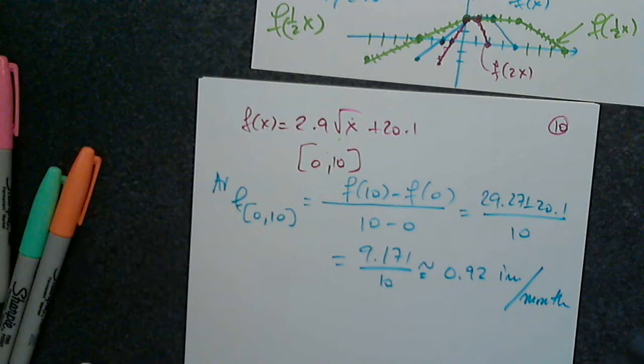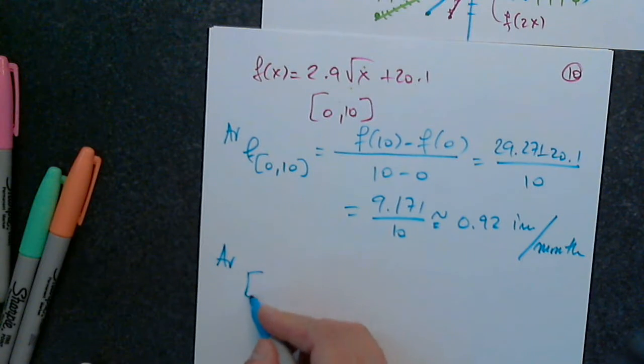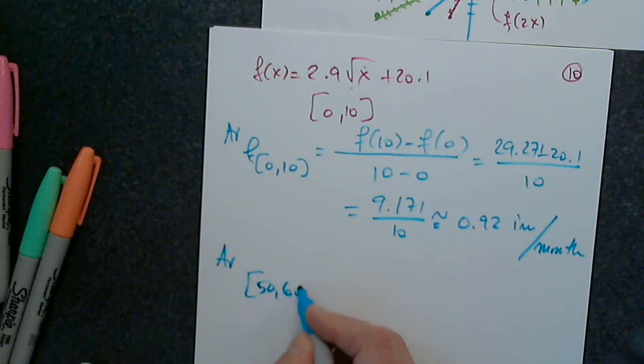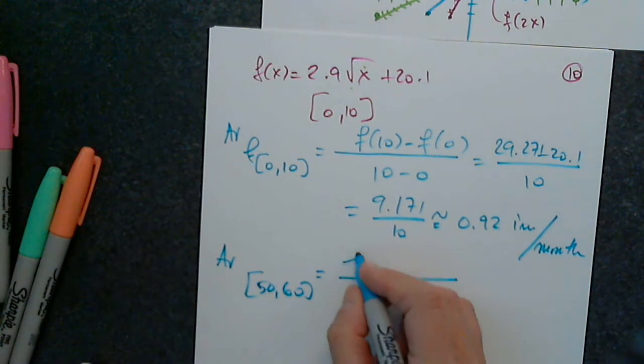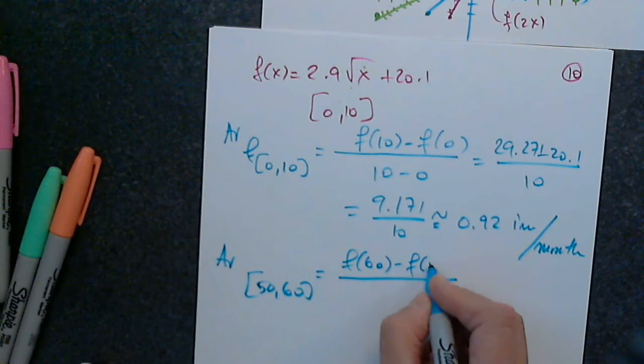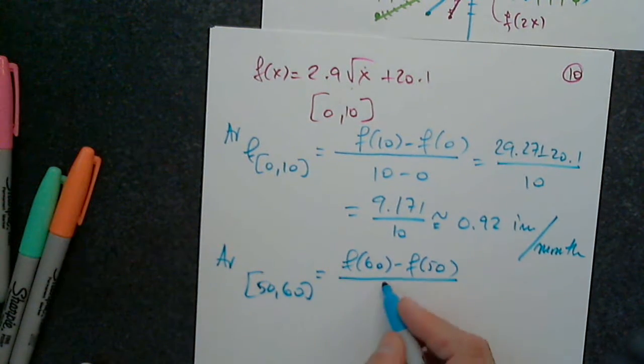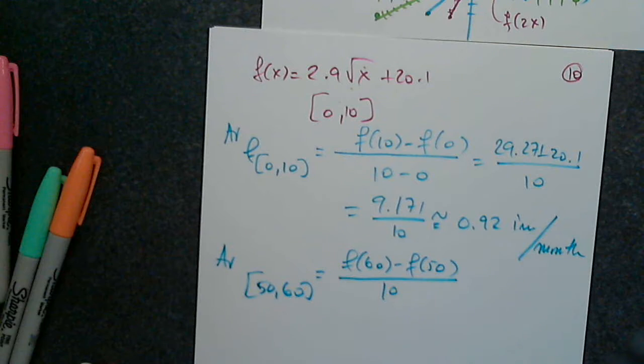Use the model to find the average rate of change in inches per month between 50 and 60 months. So now they want the average rate for this function between 50 and 60. Okay, f of 60 minus f of 50, divided by 60 minus 50, which is 10. But I have to determine with the calculator the other two numbers. So I plug in 50, and I plug in 60.